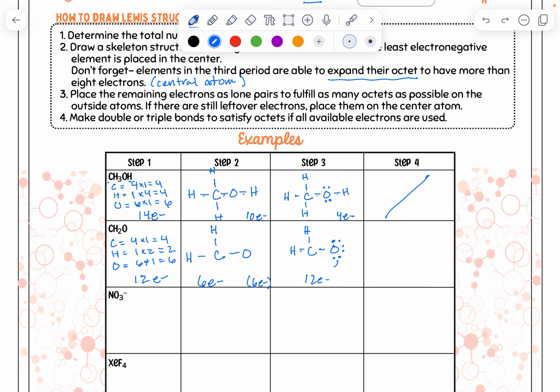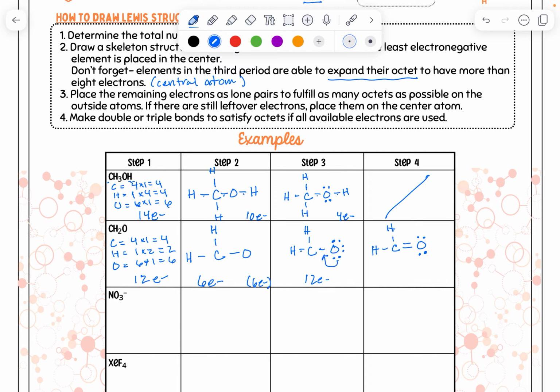So you transfer that to make a double bond. And it looks like this. So now I have a double bond, and my oxygen has 2 lone pairs because I used this lone pair here to create my double bond.